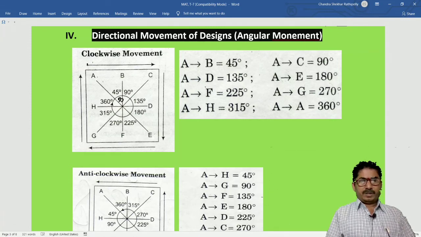Rectangle 90 degrees. So A to B 45 degrees.